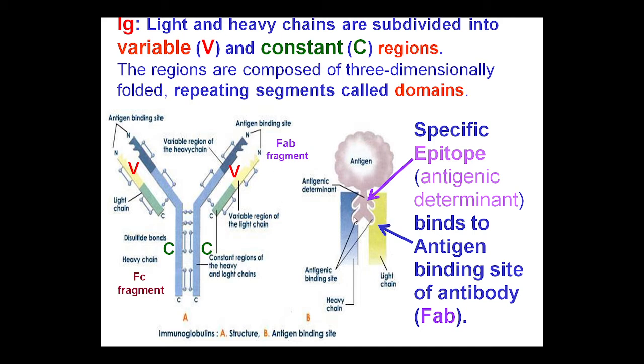If the complementarity of the external spatial structure of the antigenic epitope is high to the internal configuration of the Fab fragment, in this case this antigen would strongly, specifically bind to the antibody. And the affinity of this contact would be very high.